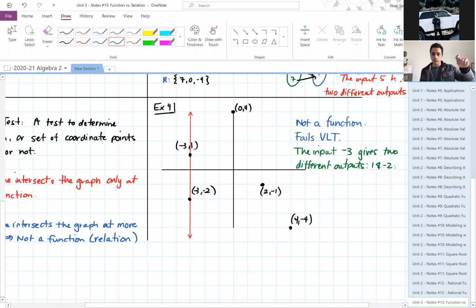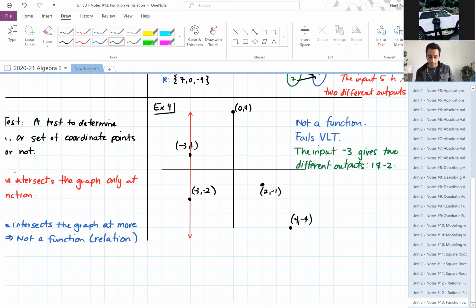That's how I know you truly understand this, because you're looking at it not only as a graphical test, the vertical line test, but you're also looking at it as input versus output. Input has 2 different outputs, therefore that's not a function, that has to be a relation. Okay.